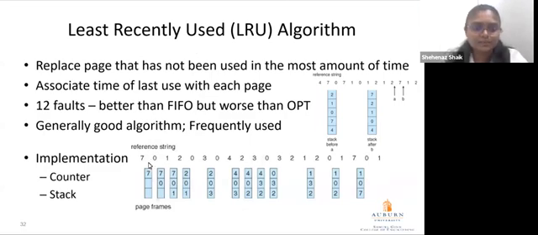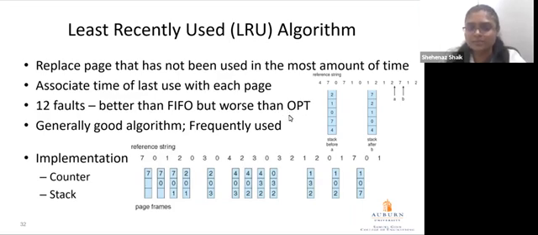As you can see here, for the same reference string and the same number of frames, the least recently used approach performed better than the FIFO approach, which resulted in 15 page faults.